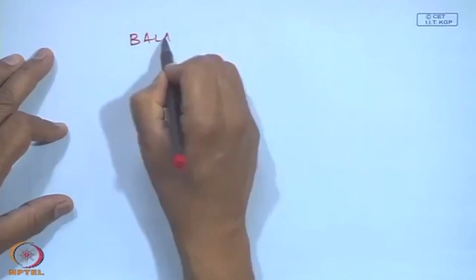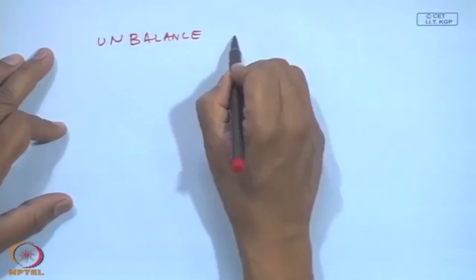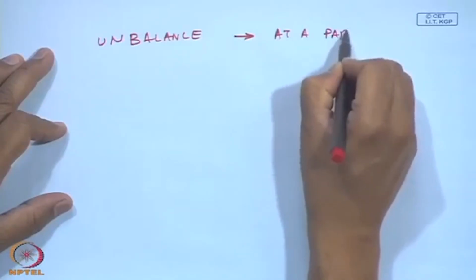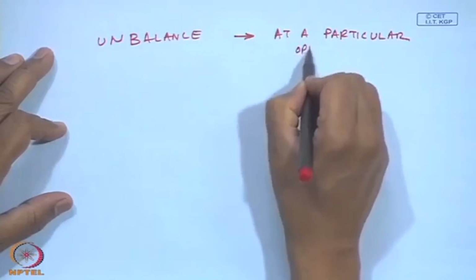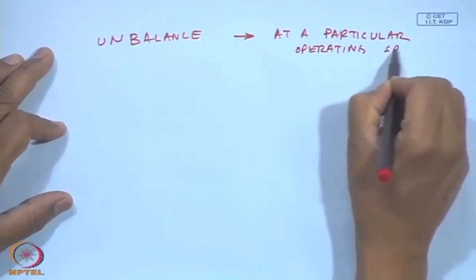Balancing or unbalance is defined or specified at a particular operating speed.